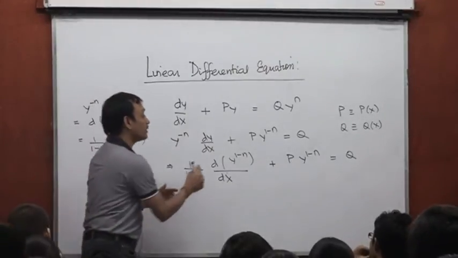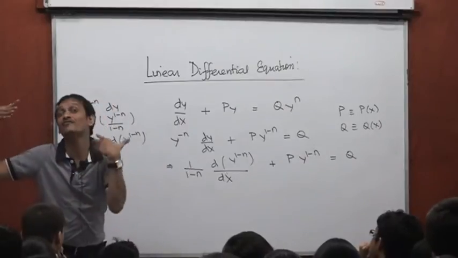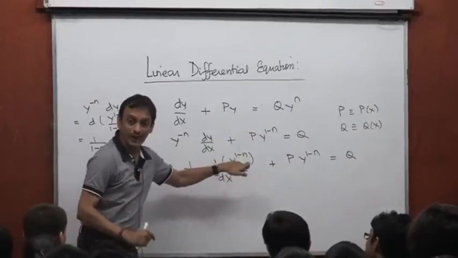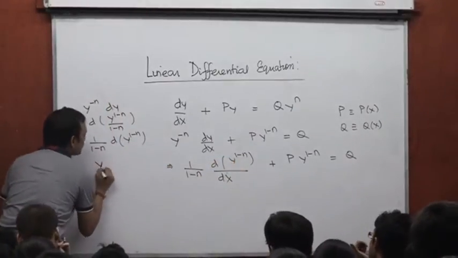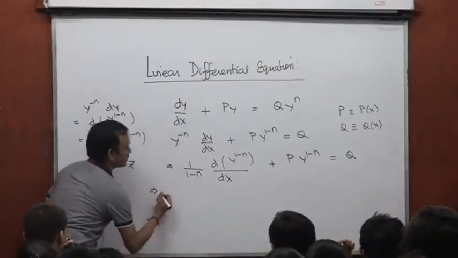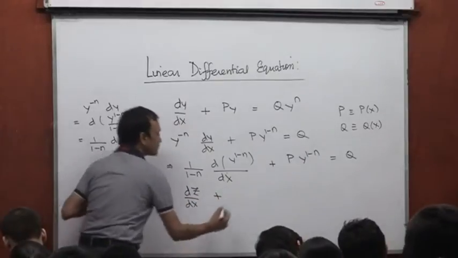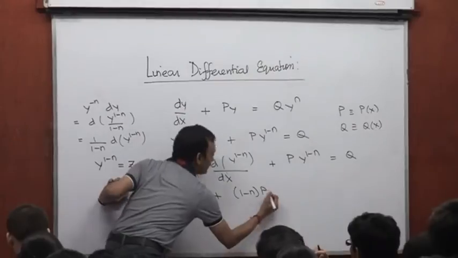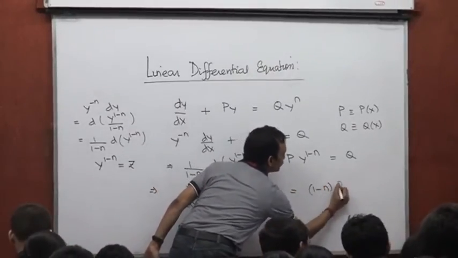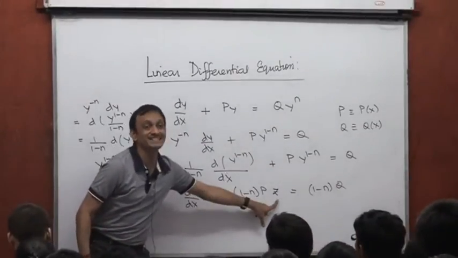You may then want to make y to power 1 minus n the subject of integration. It now becomes a revised linear in y to power 1 minus n, because you may want to write y to power 1 minus n as some z, in which case the equation becomes dz dx plus 1 minus n into p z equals 1 minus n into q. Do you realize that now it's a linear in z?